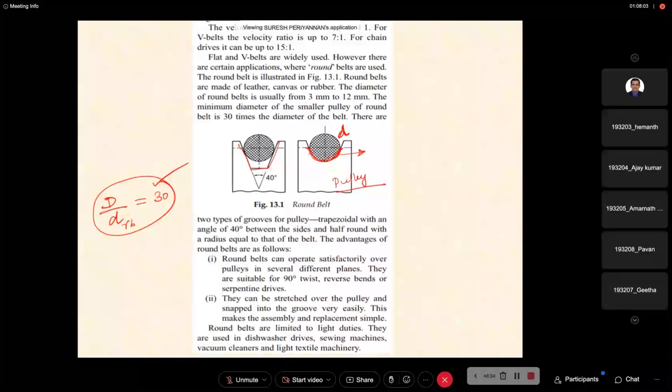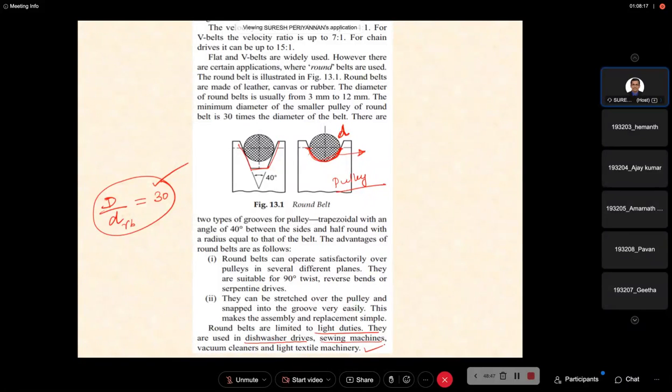Where are we using this round pulley? Light duty applications. Also we are using it in dishwashers, dryers, sewing machines, and vacuum cleaners. Also in the tailoring machine.